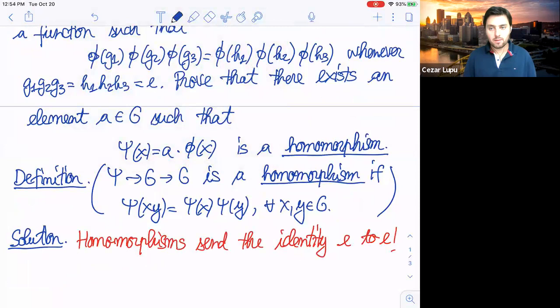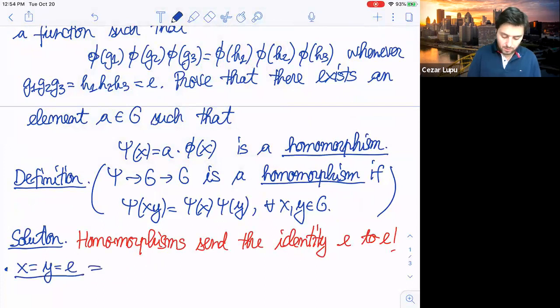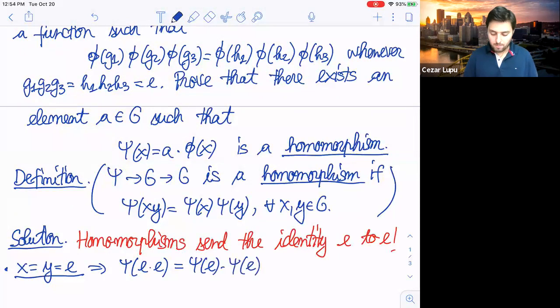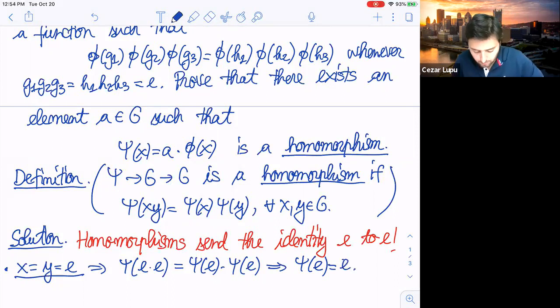Because if you take X and Y to be equal to the identity, just take this, and it will follow that psi of E times E is psi of E times psi of E. So it follows that psi of E is E. Right? Okay.